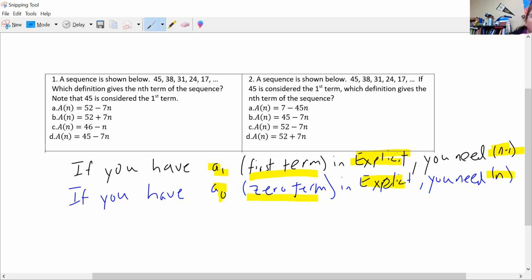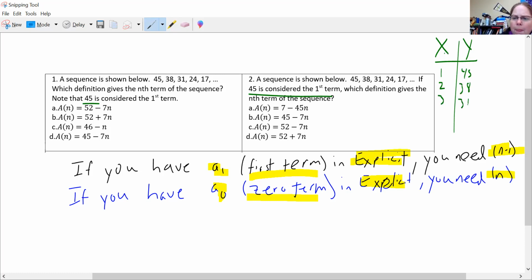Okay, so as we take a look at what we've got here, we're told that 45 is the first term in both of them. And it works really well if I just do a table here to see what the first and second differences are if I need to. So our first term is 45, our second is 38, our third is 31, our fourth is 24, our fifth is 17.